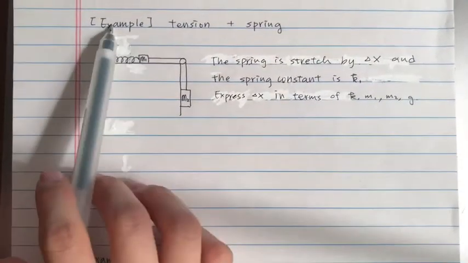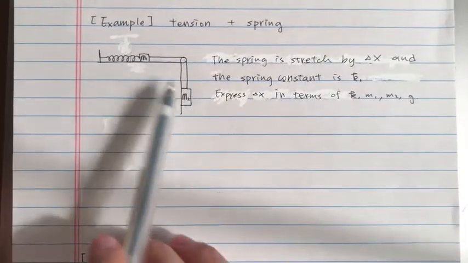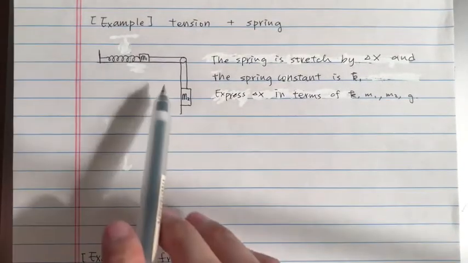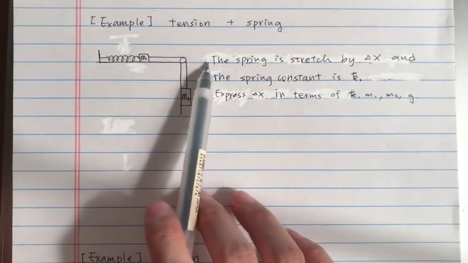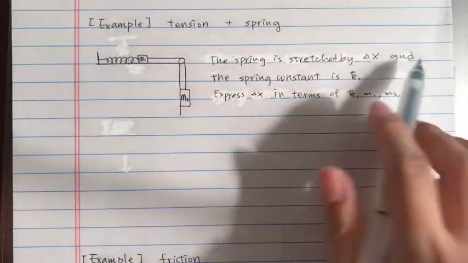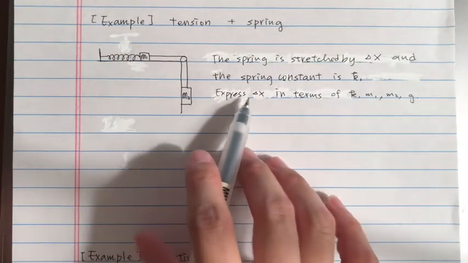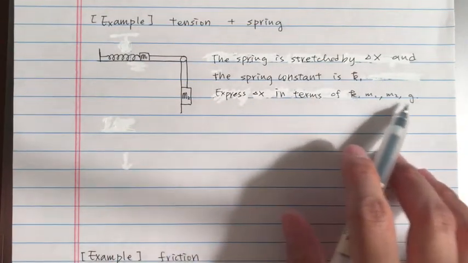This is another example of a force problem. Here you can see some tension force, spring force, and gravitational force. All right, so let's read this problem together. The spring is stretched by delta x, and the spring constant is k. So how do you express delta x in terms of k, m1, m2, and g?